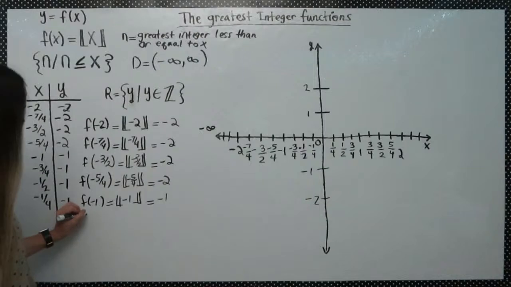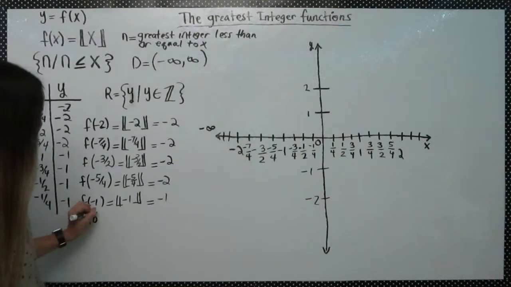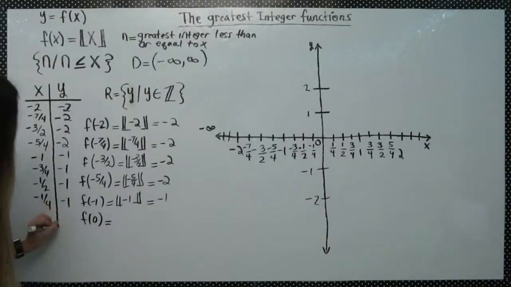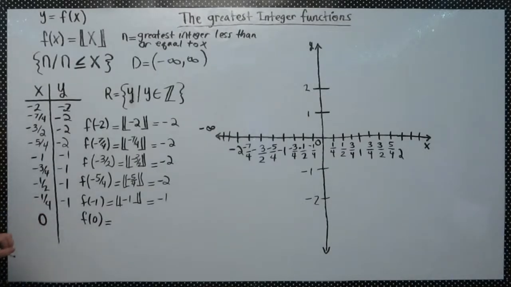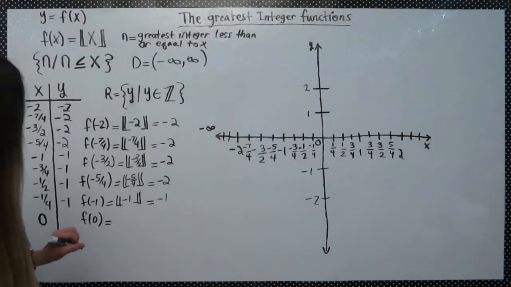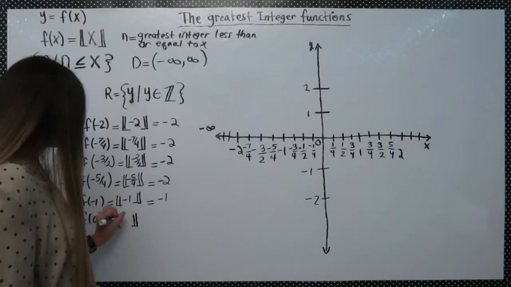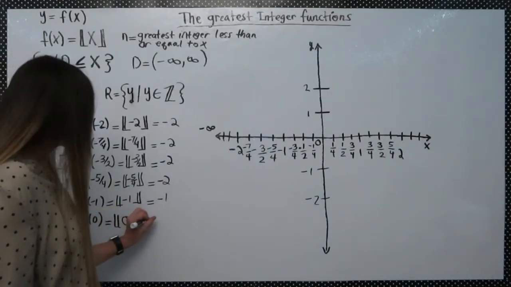And then you get to 0, f of 0. And then at 0, something special happens, because the greatest integer less than or equal to 0 is 0.